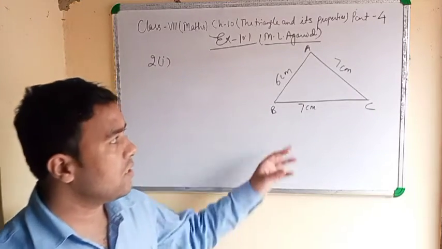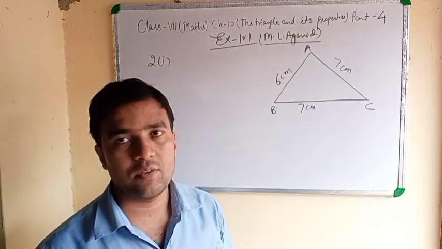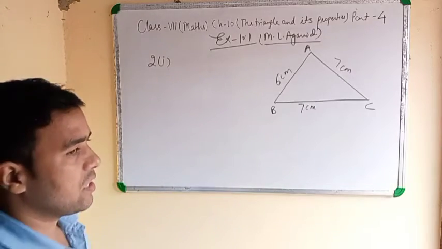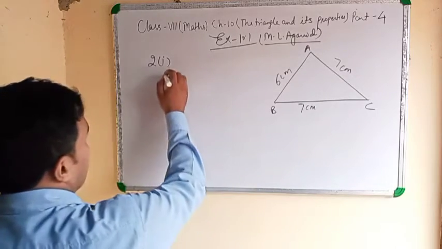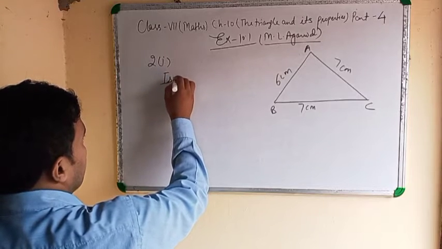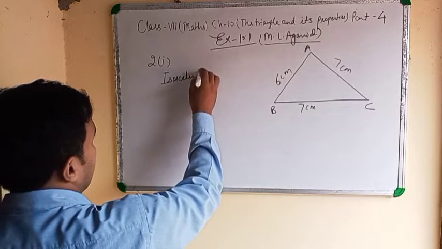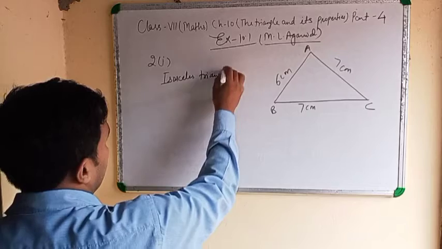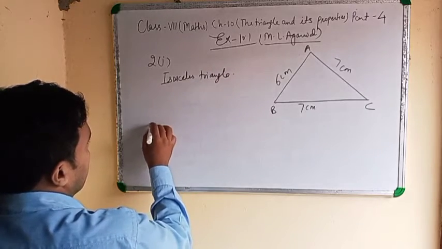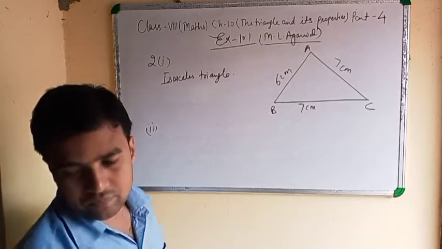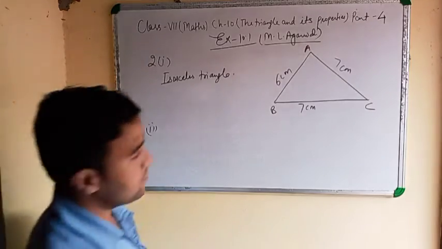Clear? When two sides are equal in any triangle, that triangle is an isosceles triangle. Means this triangle is isosceles. Clear?